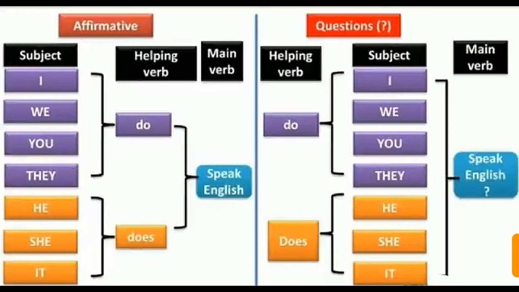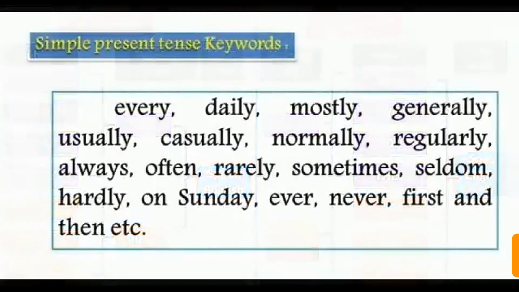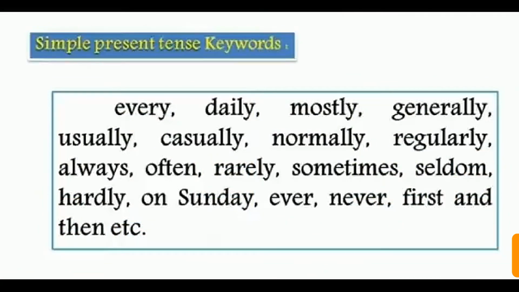Now let us discuss the keywords of simple present tense. The keywords are everyday, daily, mostly, generally, usually, casually, normally, regularly, always, often, rarely, sometimes, seldom, hardly, on Sunday, ever, never, first, and then, etc. All these are the keywords.